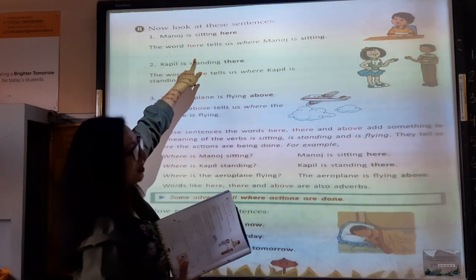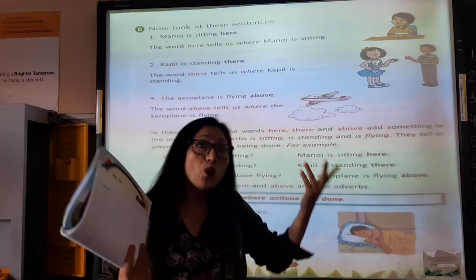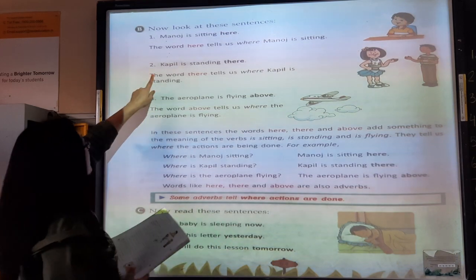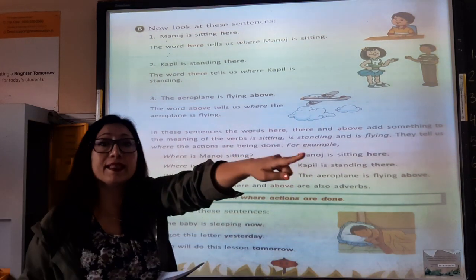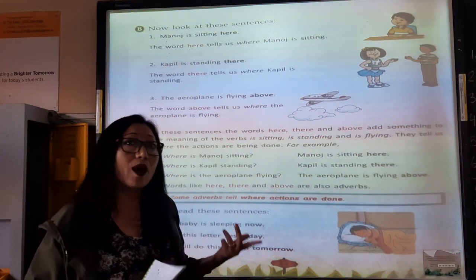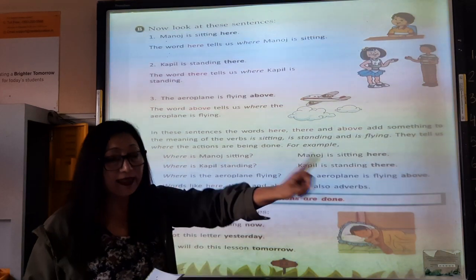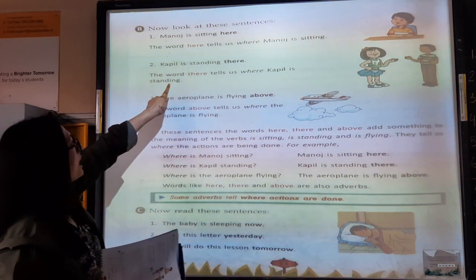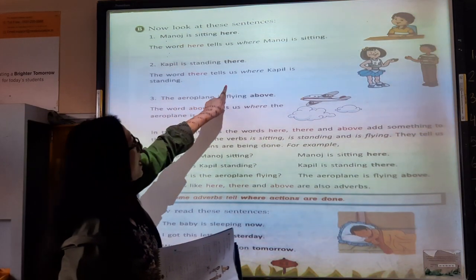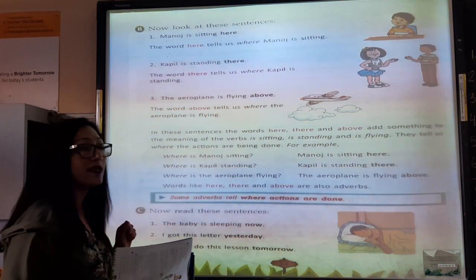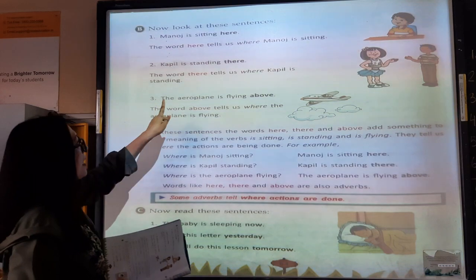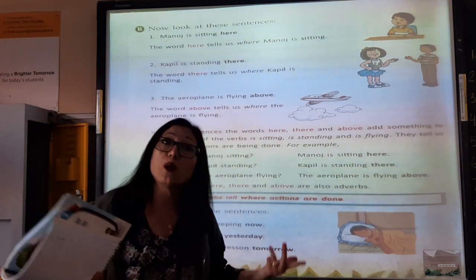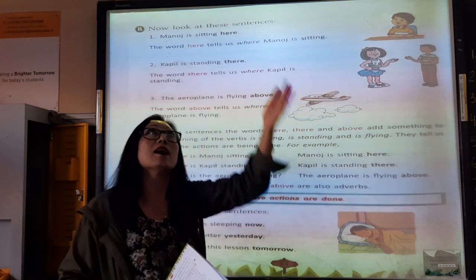The word here tells us where Manoj is sitting. Kapil is standing there. Where is Kapil standing? There. The word there tells us where Kapil is standing. The aeroplane is flying above. Where is the aeroplane flying? Above.